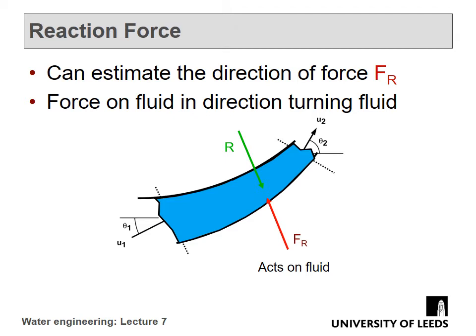And the force of the fluid acting on the structure is that R in green, acting on the bend, pushing, trying to flatten the bend out. Hope that clarifies what forces are acting on what. The red force is acting on the fluid, the green is acting on the bend.